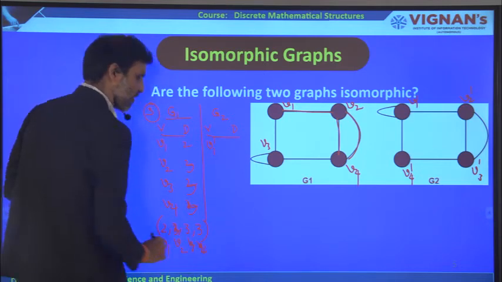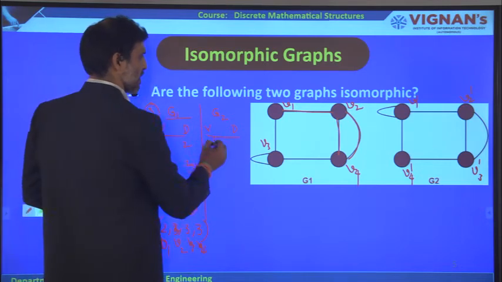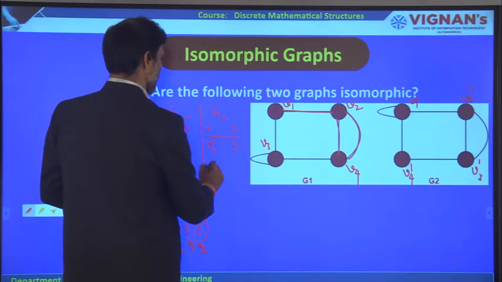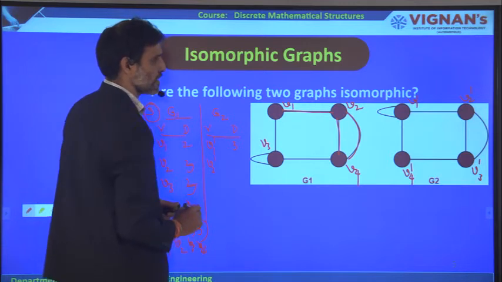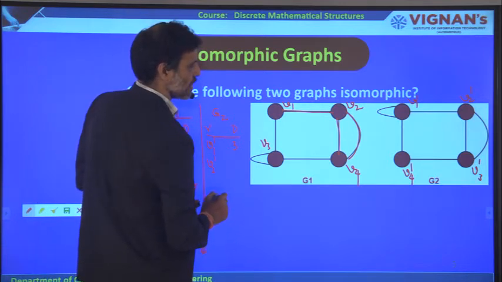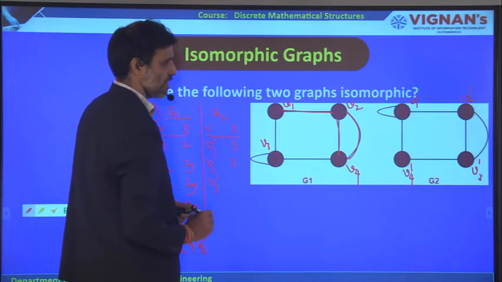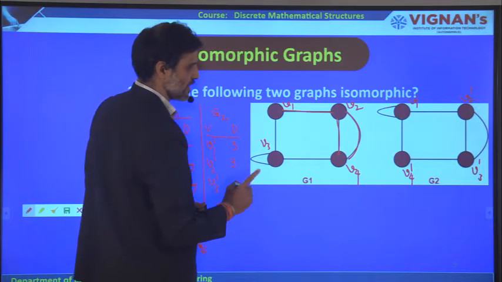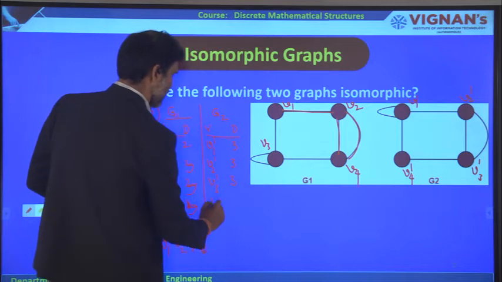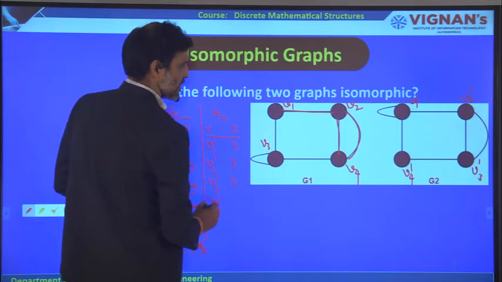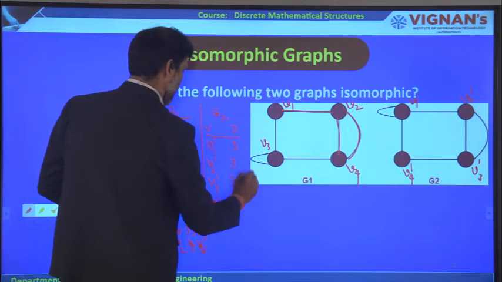Then you will get V4 here. In a similar way here you can take V1 dash equal to 3 and V2 dash equal to what? How many will you get? 1, 2, 3 you will get. And V3 dash equal to how many? What is the degree of that vertex? V3 dash is equal to 3 and V4 dash is equal to, what is V4 dash here? It consists of only degree 2.